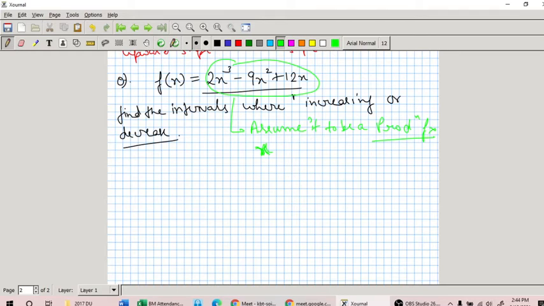So this is total production impacted by the inputs, raw materials, so whatever it is. So the producer wants to know the value of x which will keep increasing your production function, and which will keep on decreasing your production function. So the producer is interested in knowing the increasing and decreasing function at what intervals of x.